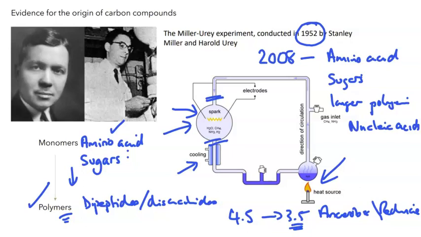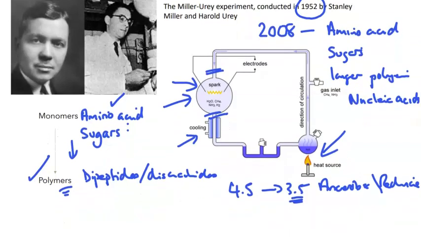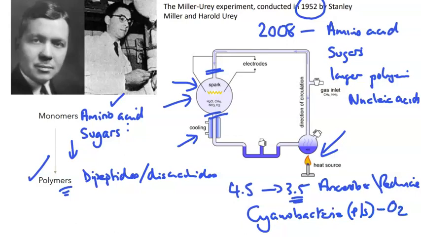By that time, we already had Cyanobacteria, and they would be carrying out simple forms of photosynthesis, producing an early oxygen atmosphere for Earth.